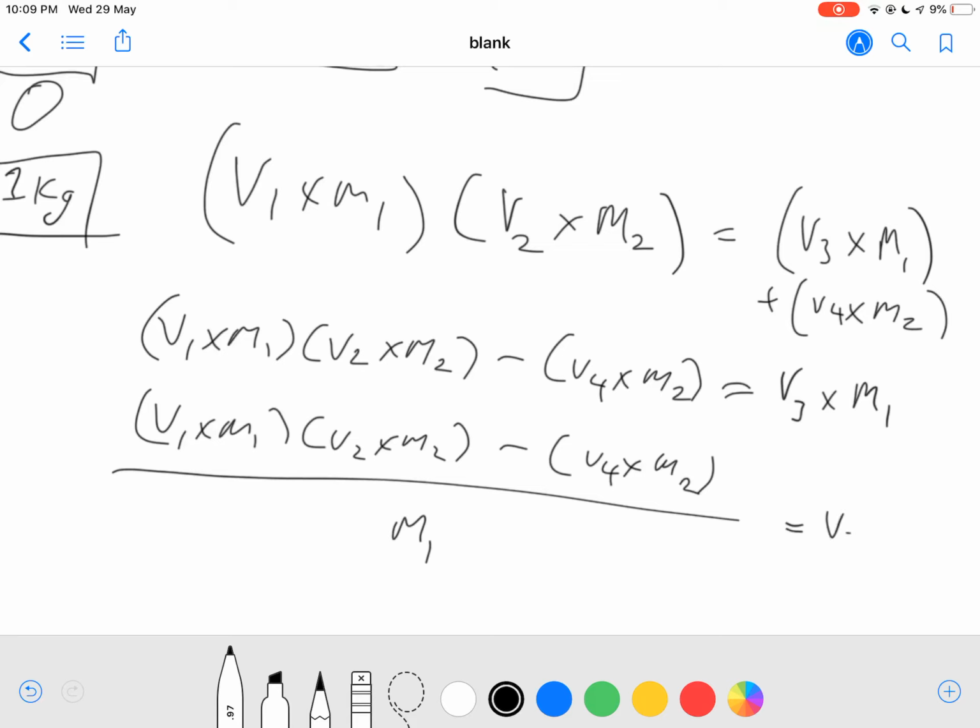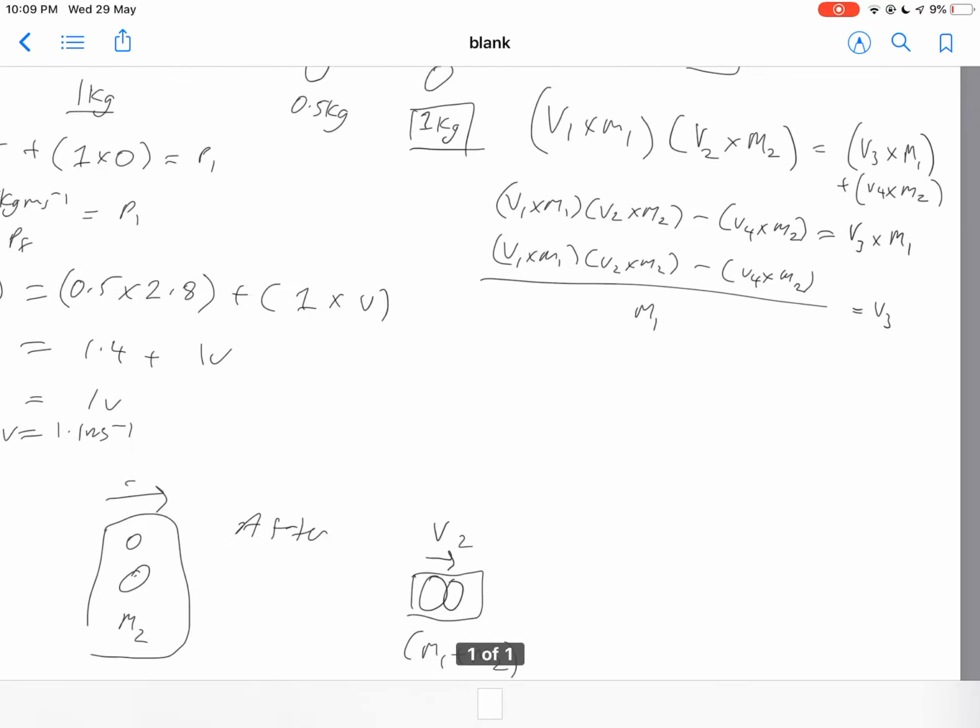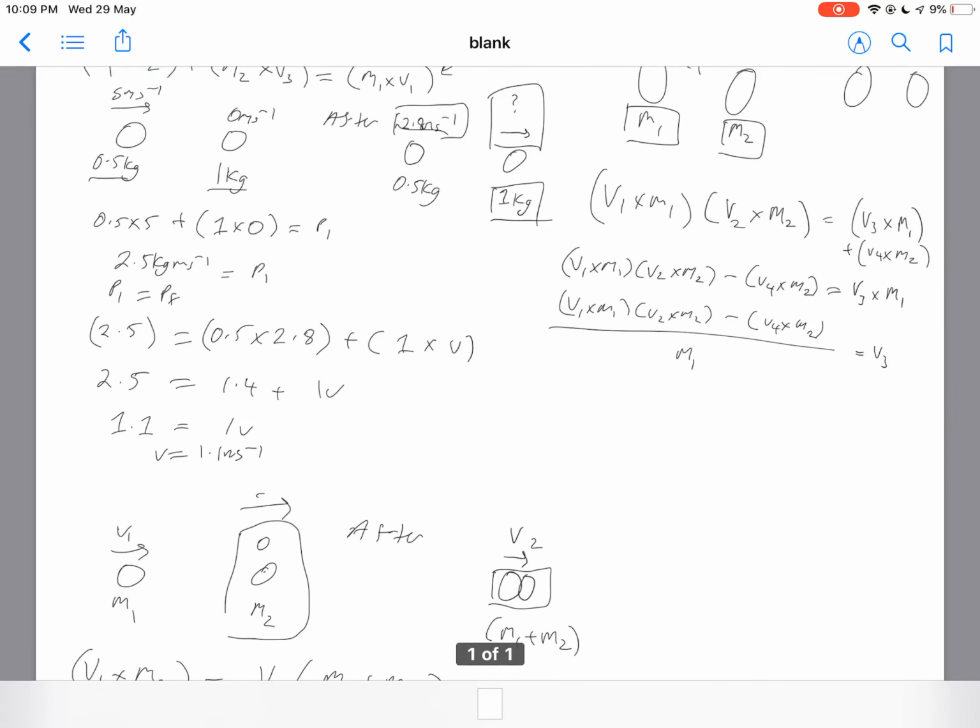It's the same thing if you want to find v4: move v3 to the other side and divide by m2. That's the calculation side of the questions.